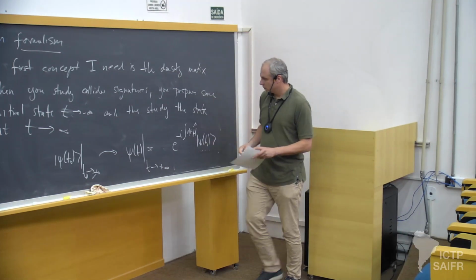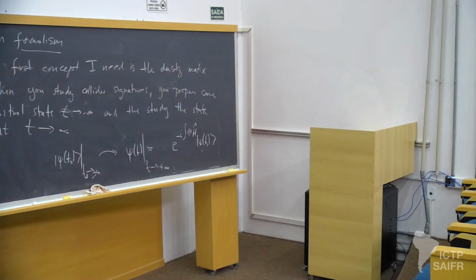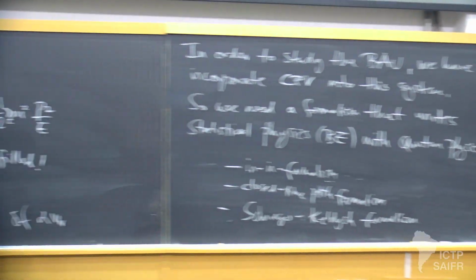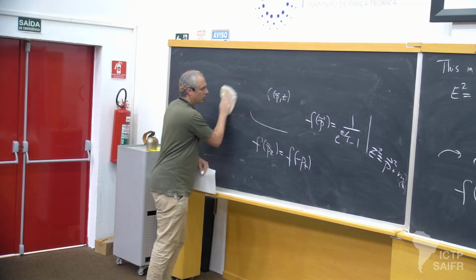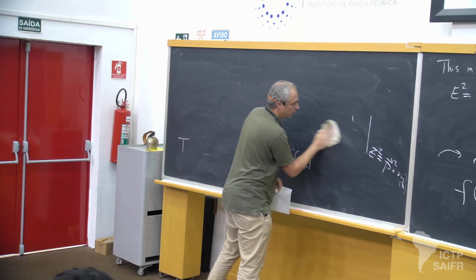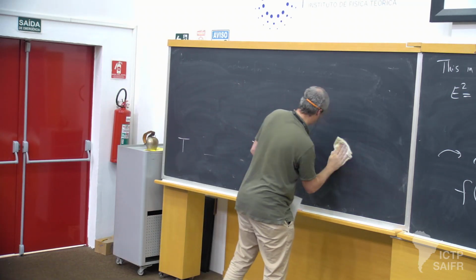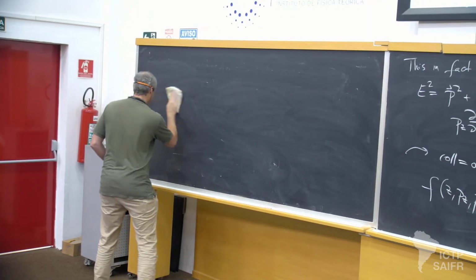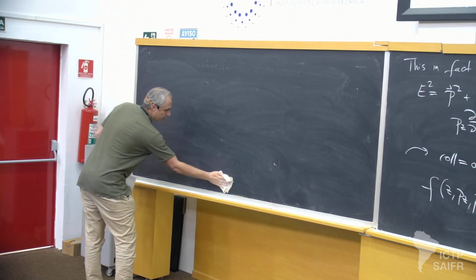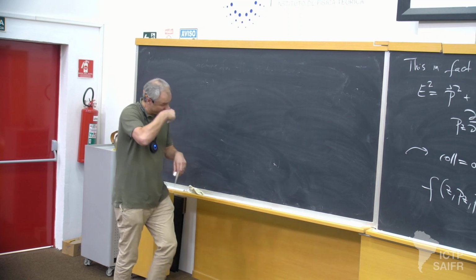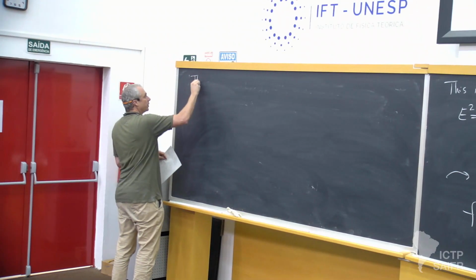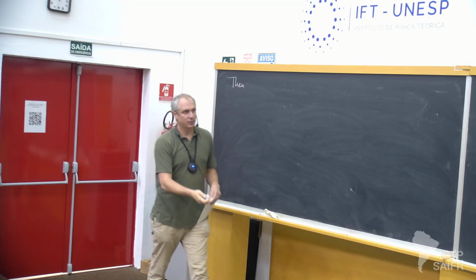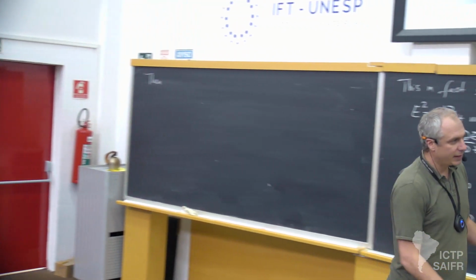So now what you would do, typically, because this is a beast, right? Imagine what the Lagrangian of the standard model is.